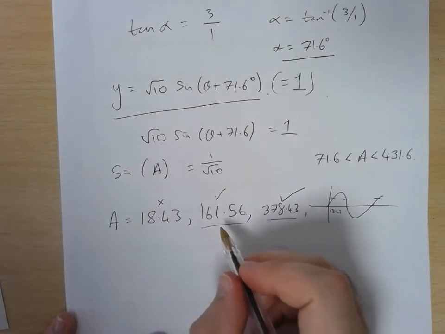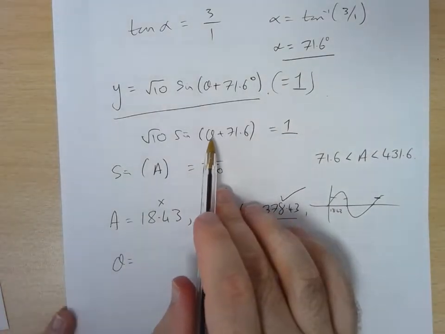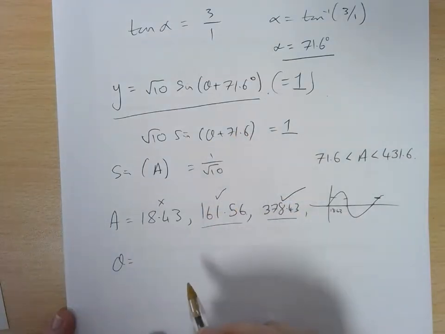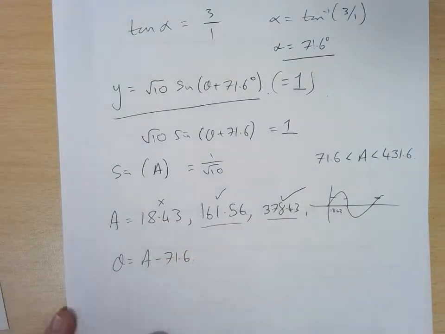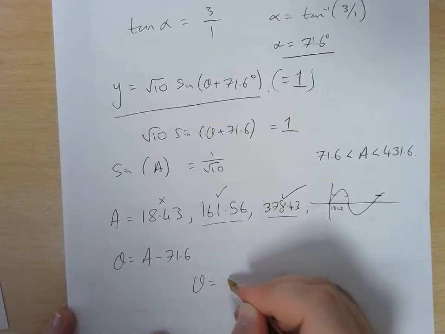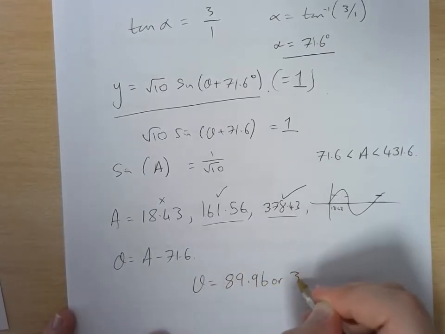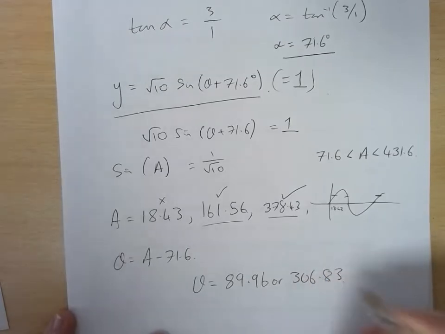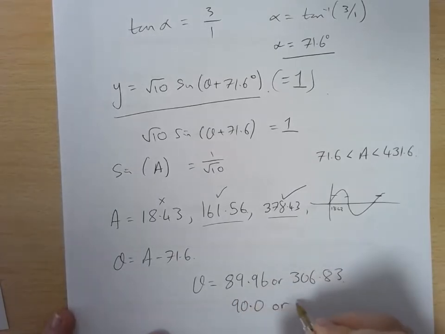So theta equals A minus 71.6. We take 71.6 away from these, and we get theta equals 89.96 or 306.83. We're asked to do it to 3 significant figures, so this is 90.0 or 307 degrees.